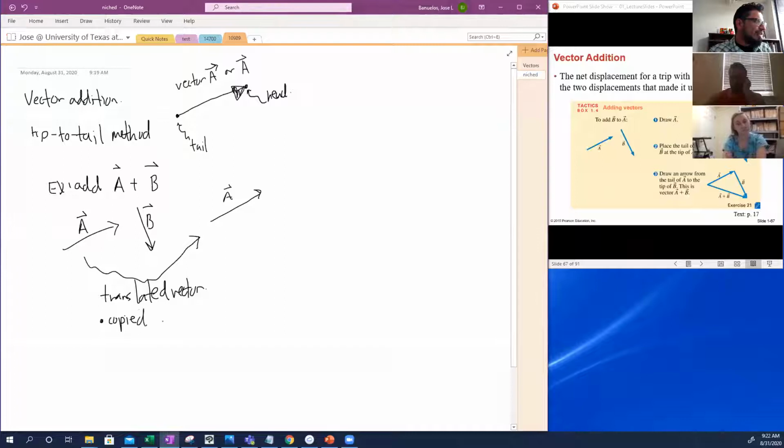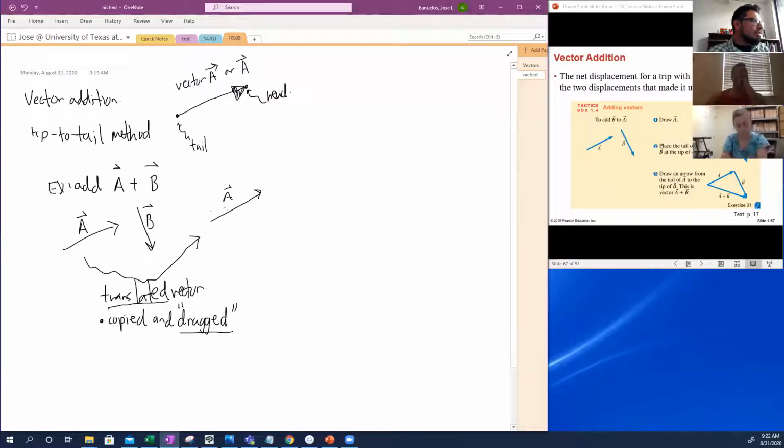I copied and dragged the vector over. I say drag because that's what we do with our mouse. Anytime you click on a picture and drag it around on the screen, you're not rotating it, you're not changing the size of the arrow, you're just dragging it to a new location. So translating a vector is the same thing as dragging a vector to a different place. That's what I just did there.